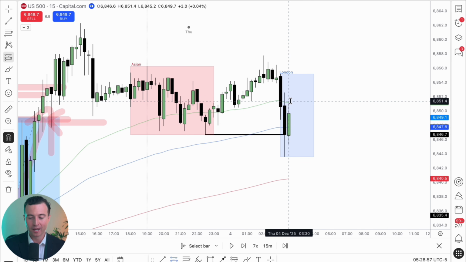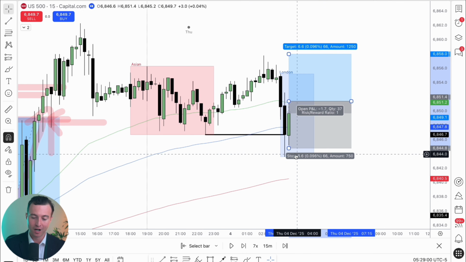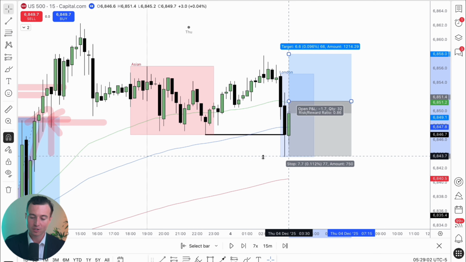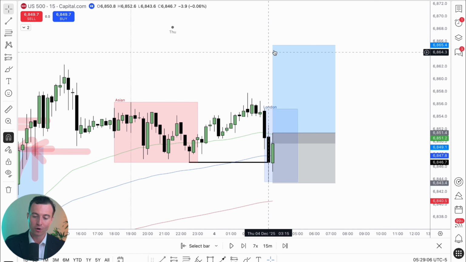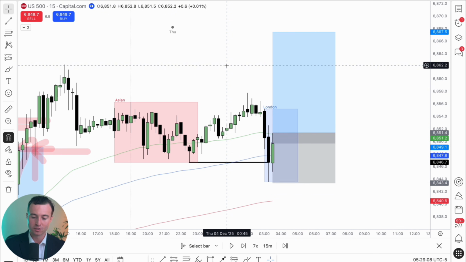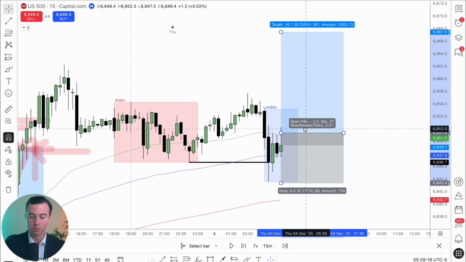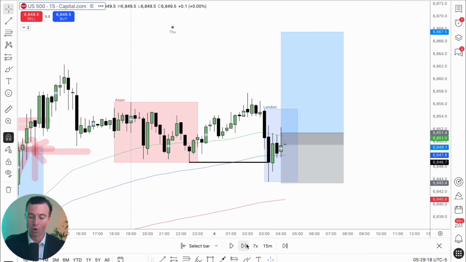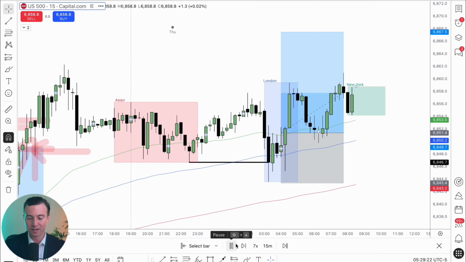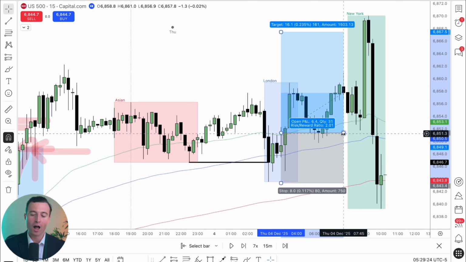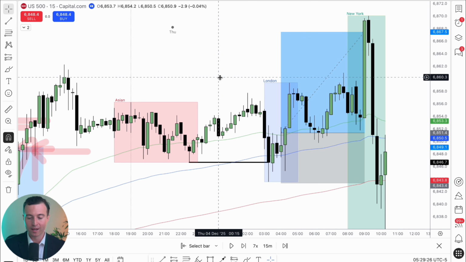And so you can enter on the break of this high with a stop loss below the liquidity sweep and look at targeting a 1 to 2. So this trade was tagged long right here, and then it's just a case of setting, forgetting, and just allowing these trades to play out.